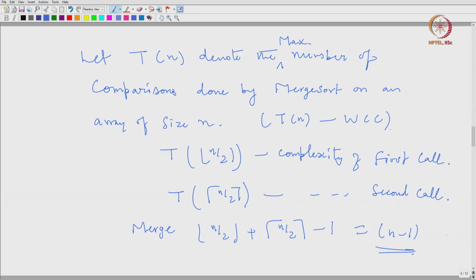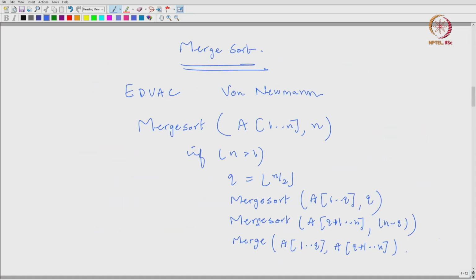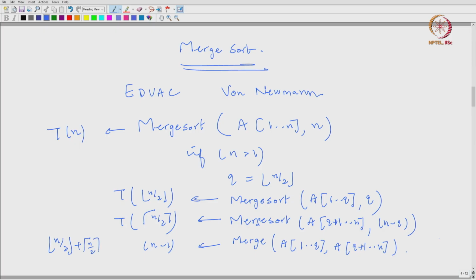So, let us go back. The complexity of merge sort, this is T of n, this part is T of floor n by 2, this is T of ceil n by 2, because n minus q is n minus n by 2, which is ceil n by 2, and the cost of this one is floor n by 2 plus ceil n by 2 minus 1, which is equal to n minus 1.